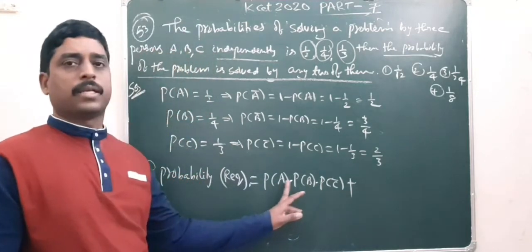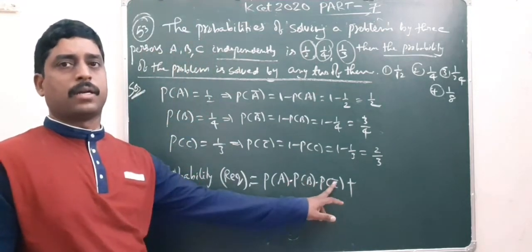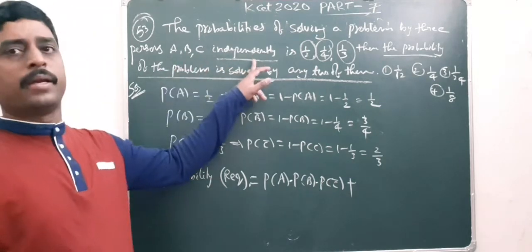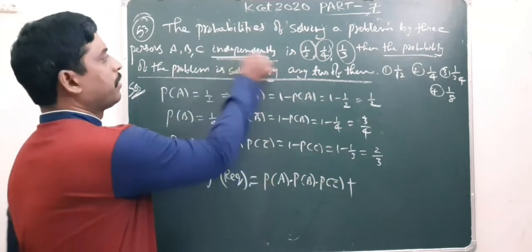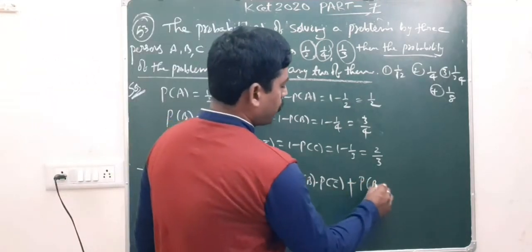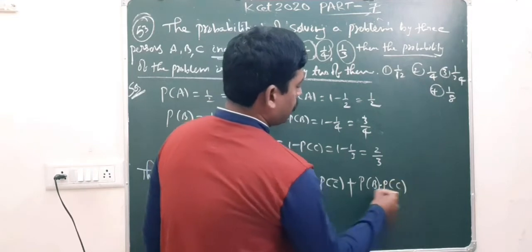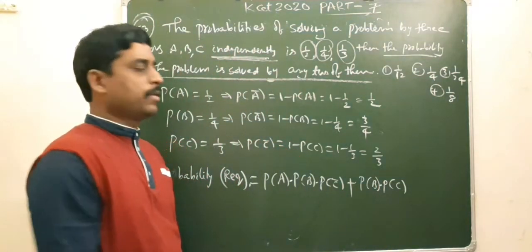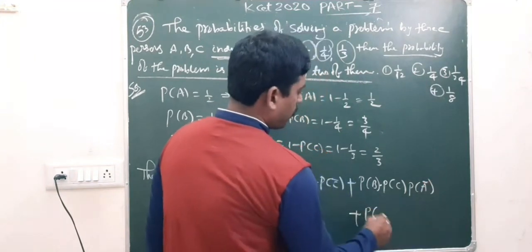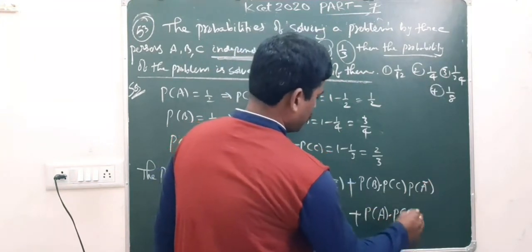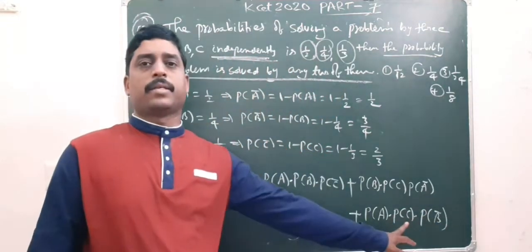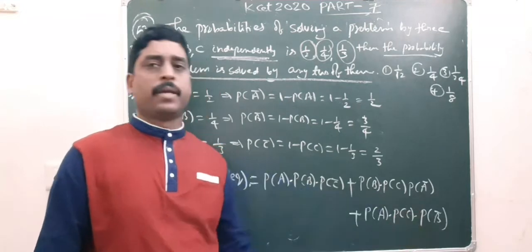In this case, A, B solved, C not solved. So A, B, C, three persons are independently solved. Independently means this is into. Next, second case, P of B into P of C. B, C persons solved that problem, A not solved. Next, third case, P of A into P of C into P of B bar. In third case, A, C persons solved and B not solved.